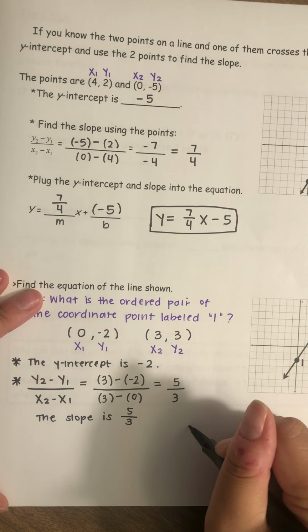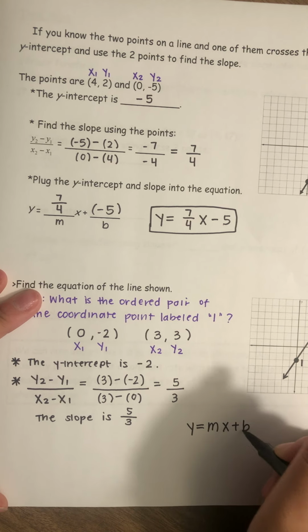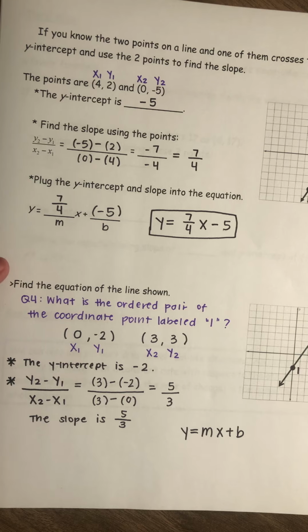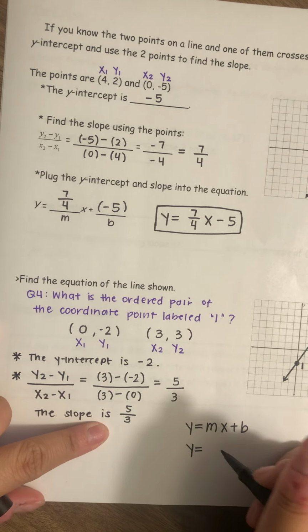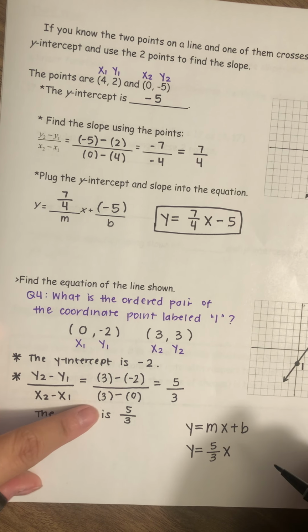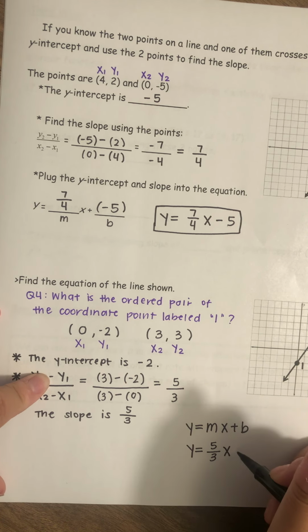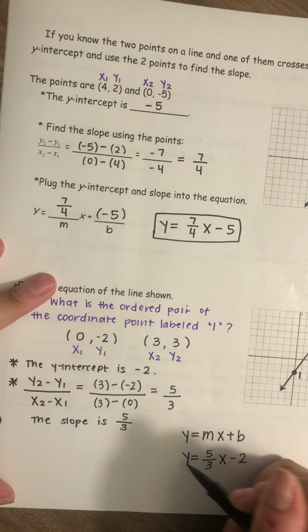And again, we have all of the parts to our equation that we can now just plug in. So we know for M, our slope is 5/3. And for B, our y-intercept is -2.